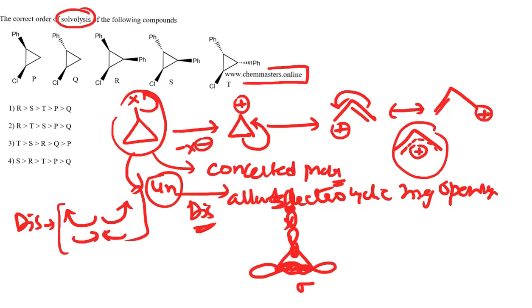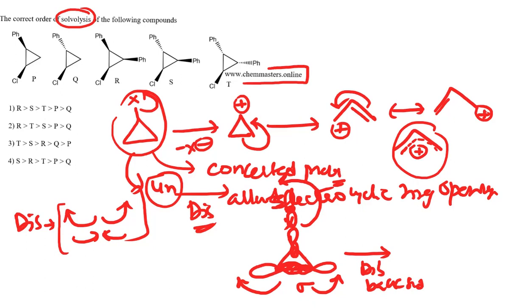If we do that, now apply the first kind of disrotation. So backside ring opening, and here the cleavage of Cl minus takes place. Both these steps are happening in a single step. That's why we are considering it as a concerted process.